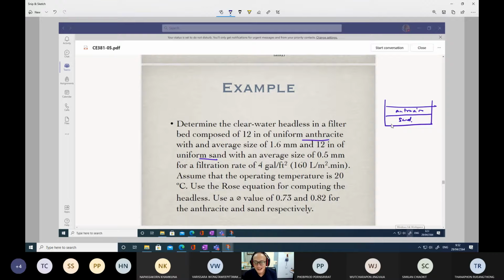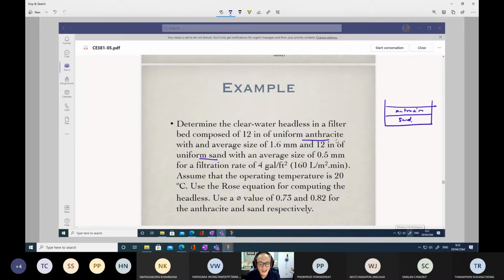If you put the anthracite below the sand, then when you do the backwash, the anthracite will turn to the top layer again. So anyway, we have to place the filter media, and sometimes we have to be concerned about their physical properties.